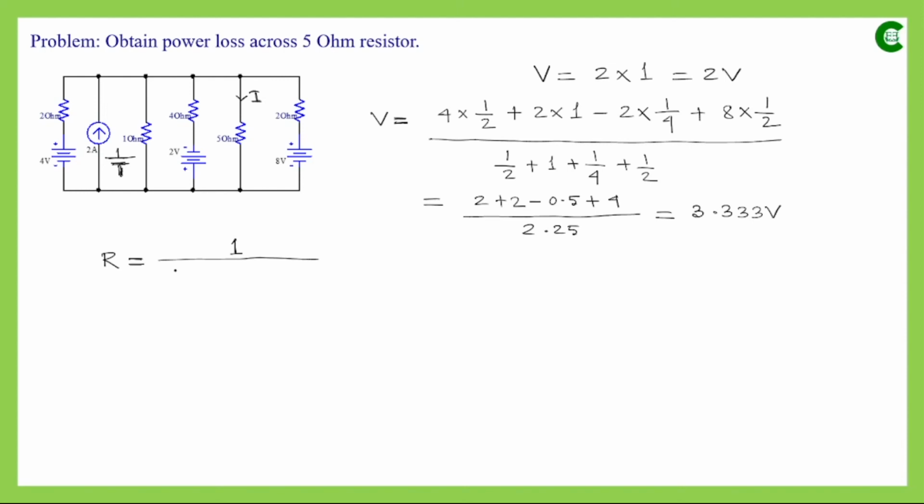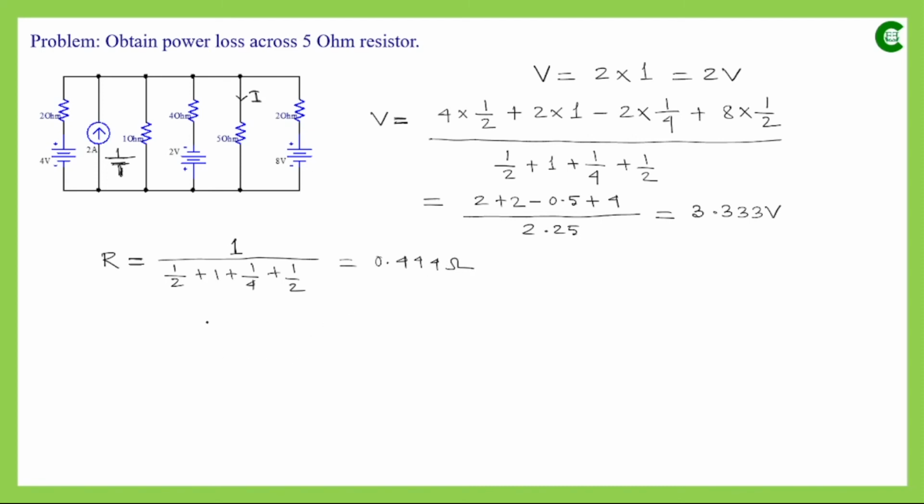So it will be 1 divided by half plus 1 by 4 plus half, so it will come as 1 by 2.25, so it will be 0.444 ohm.